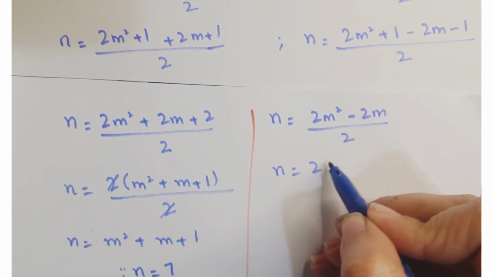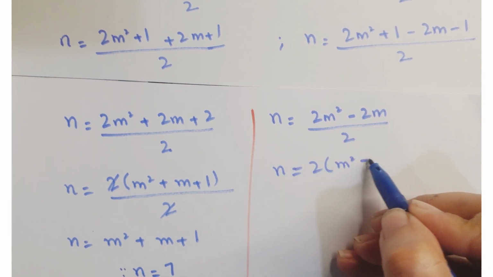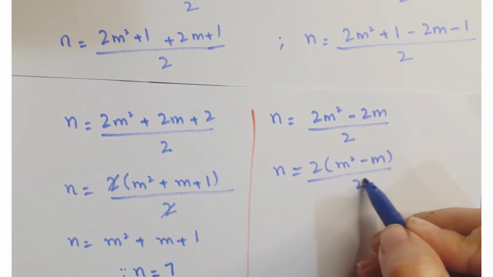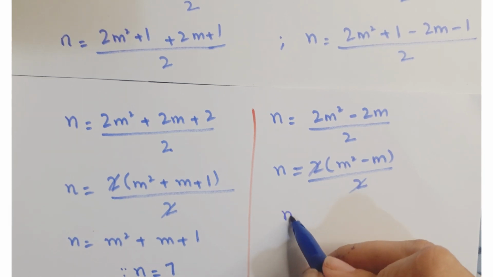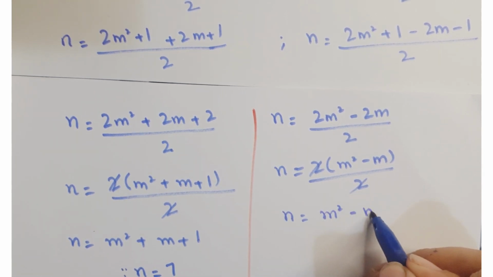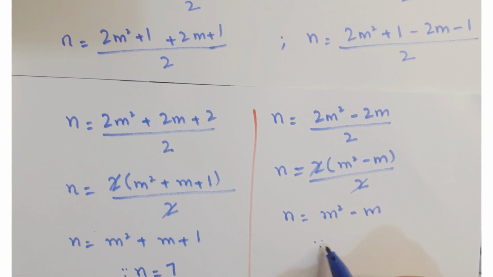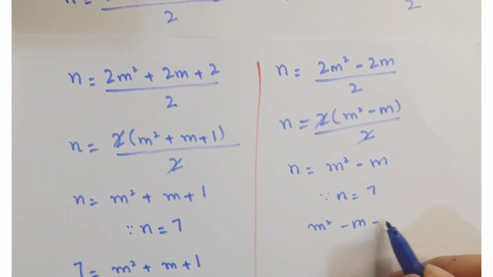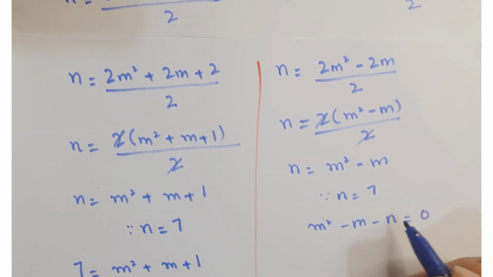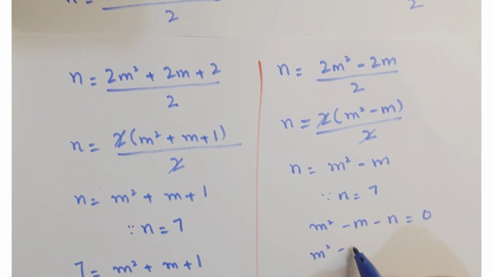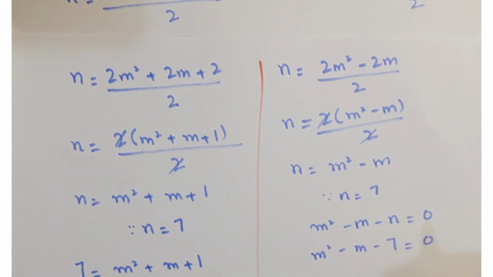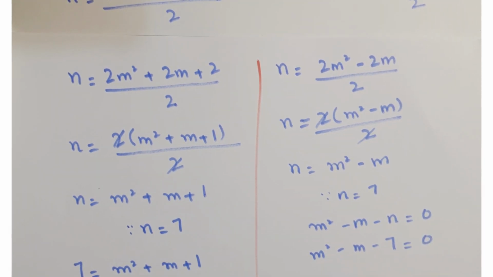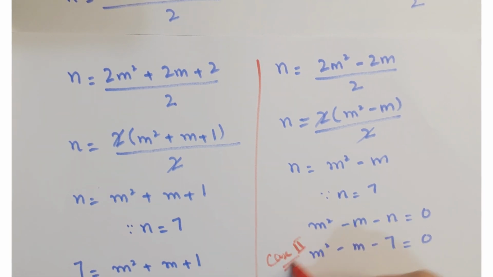Now taking out 2 common, this 2 gets cancelled. So n is equals to m square minus m. Since n has a value 7, so m square minus m minus 7 is equals to 0. Now this is our case number 1 and this is our case number 2.